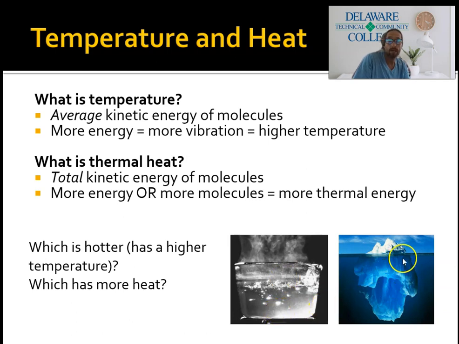However, in terms of more heat, the iceberg certainly has more heat, because even though the average energy is not that great, it's not vibrating that much relative to this hot water, there's so much ice that it has way more total heat. And that's a good way to think about the difference between heat and temperature.